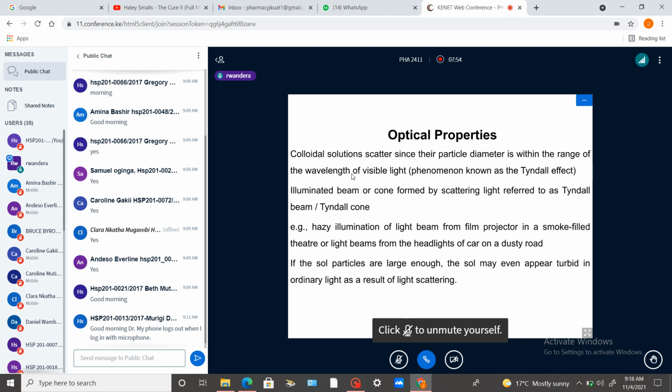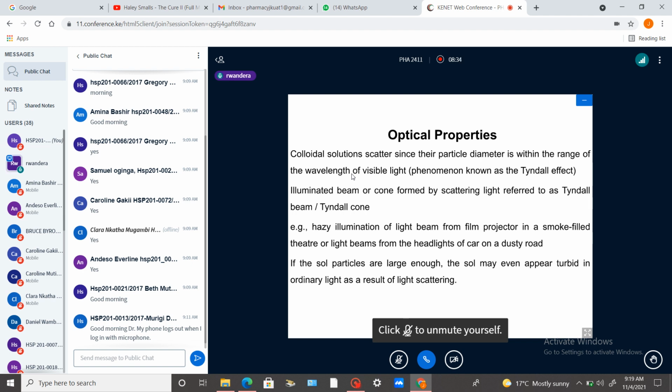Then now we look at optical properties of colloids. Now, remember, given the particle size range of colloidal particles, they tend to scatter light. And this we described as one of the ways you can tell a colloidal solution from a molecular solution. So colloidal solutions will tend to scatter light. And the phenomenon is known as the Tyndall effect. The light scattering is what we refer to as the Tyndall effect.